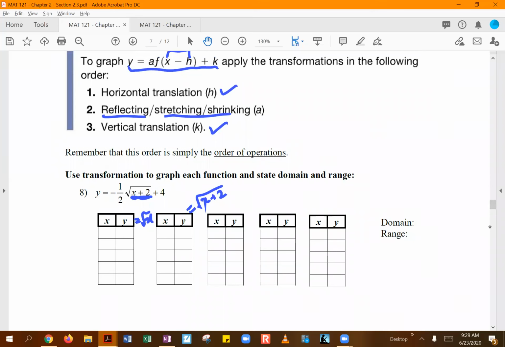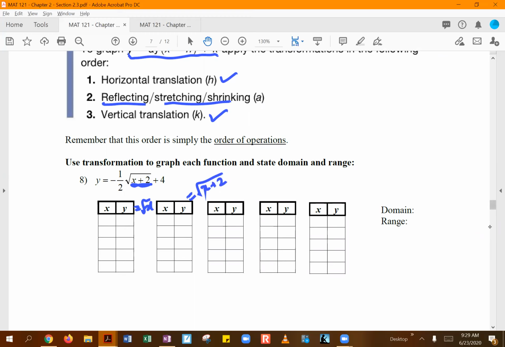Then, of course, we know reflection and then stretching or shrinking happen at the same stage. So you can see we have that little negative sign in front of the 1/2. So the negative is telling us we do have a reflection. So that will be your next table, I guess. So we'll just use that negative in front of the square root of x plus 2. Now, since these guys are at the same stage, you can also just do 1/2 over here, and then you can do the reflection in the next one.